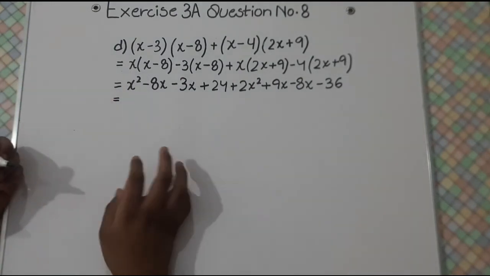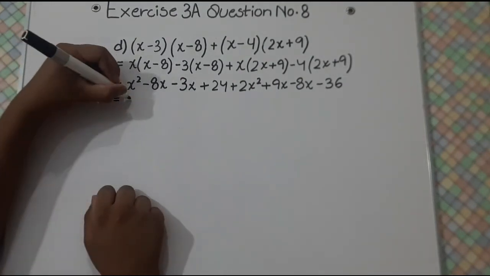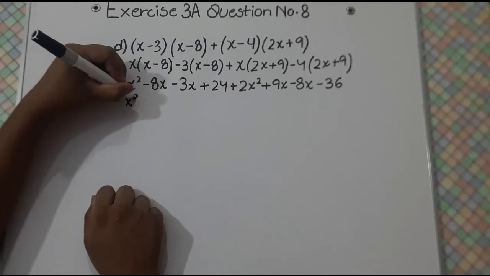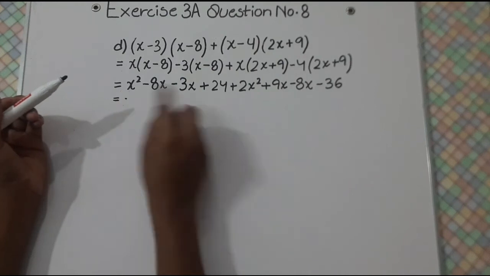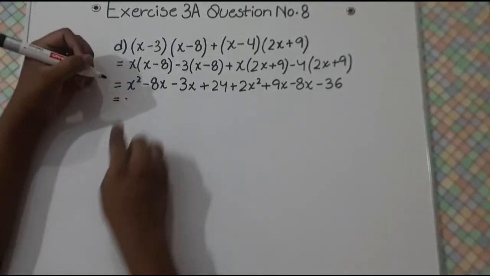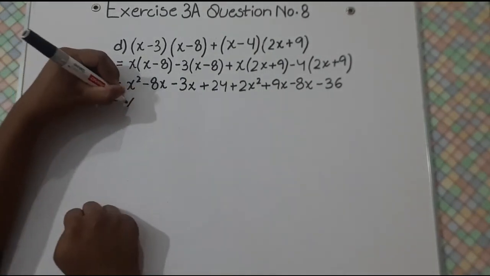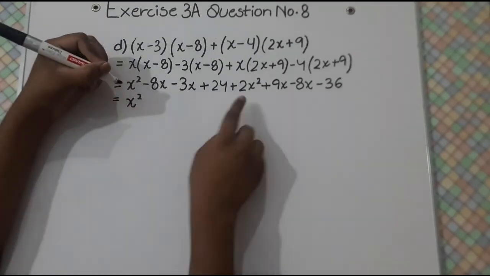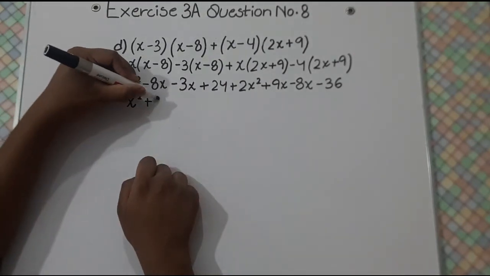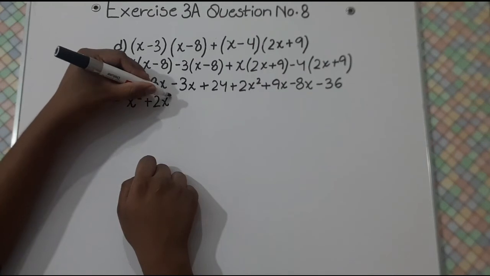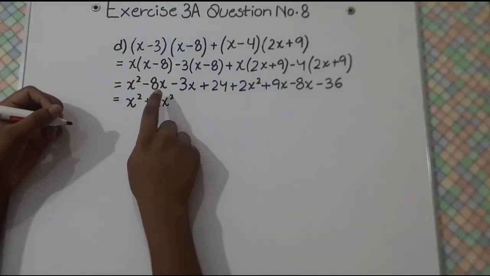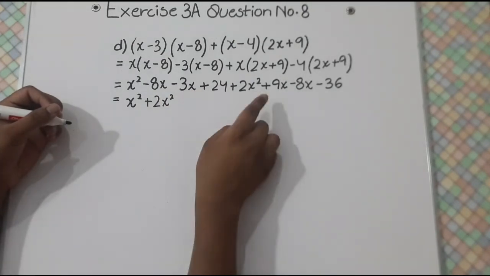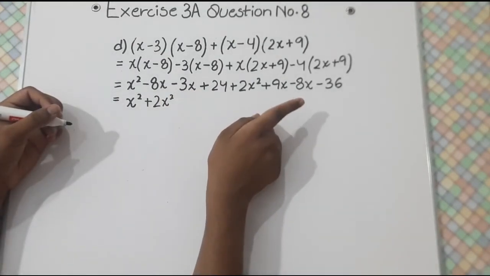Minus plus would be minus, and 4 multiplied by 9 would be 36. Now we are going to do the grouping: x square, and we are having 2x square also. So we are going to write them together, plus 2x square. Then we are having minus 8x minus 3x plus 9x and minus 8x.